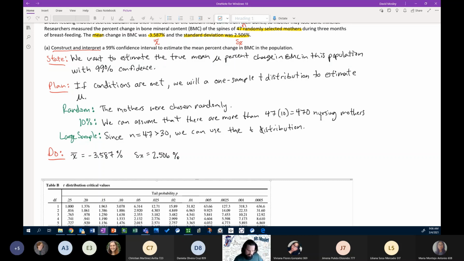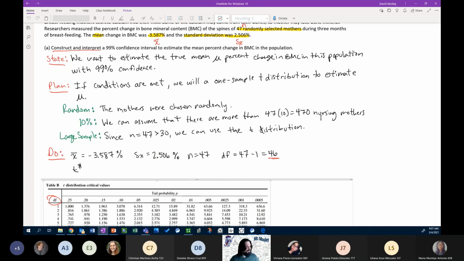We know n, and so our degrees of freedom equals 47 minus 1, which is 46. This value is what we'll find down this row of table B. And we want 99% confidence. So we know what to look for to get t star, which is the last value we need to do our calculation for the interval.